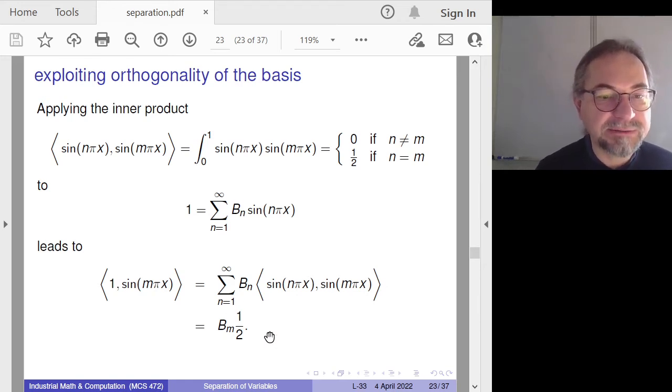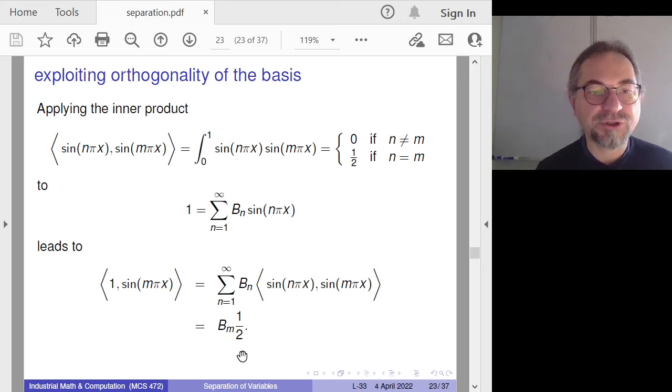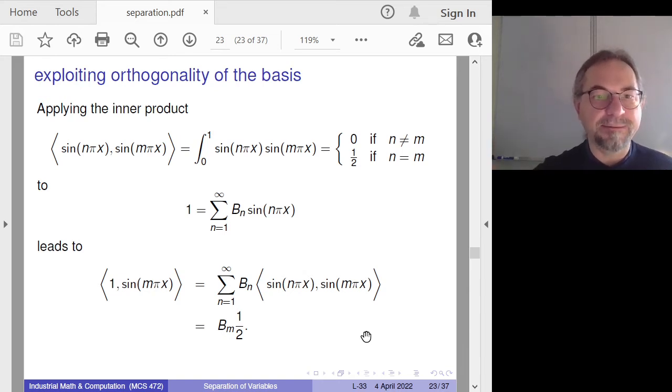So here you see that the only thing that remains in this infinite sum is the mth coefficient, for the mth basis function. The only n that survives in this infinite sum is n equals m. That's the key property of the orthogonality.